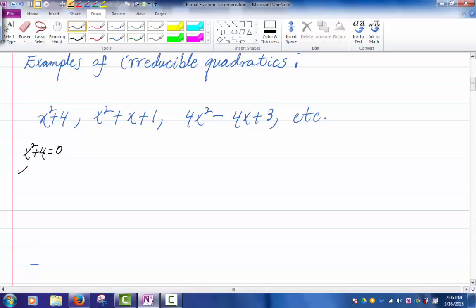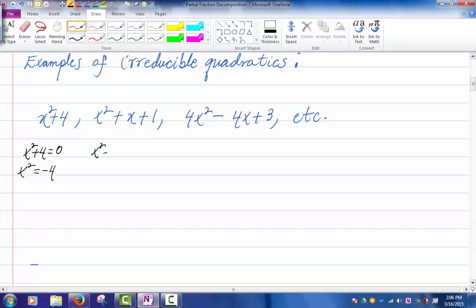Well, right away you see that x squared is what? Negative 4, and it tells you that this equation has no real solution, right? The left-hand side is non-negative, the right-hand side is negative. So x squared plus 4 is irreducible.